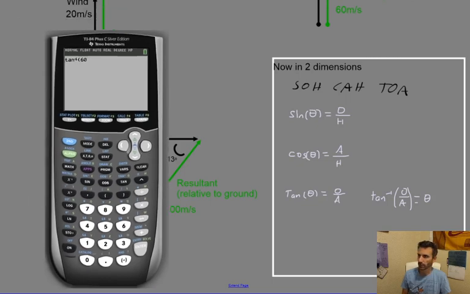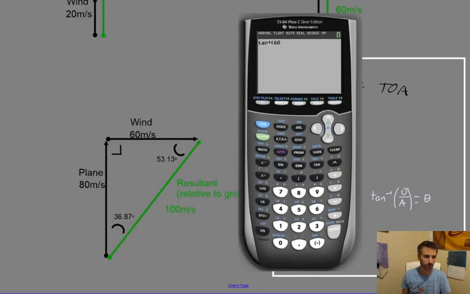In fact, I can even move this calculator over here so that we can see it. The 60 divided by 80, close my parentheses. So inverse tangent of 60 over 80, and that is equal to 36.87. So there is what we've got right here.